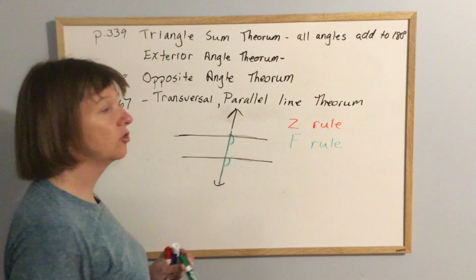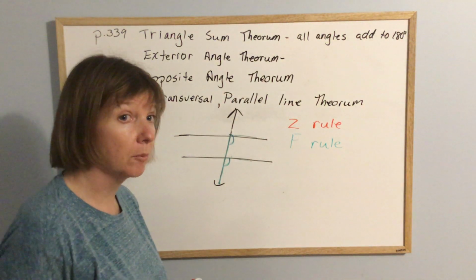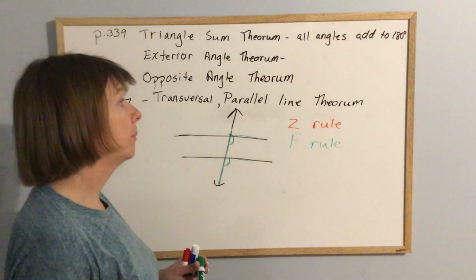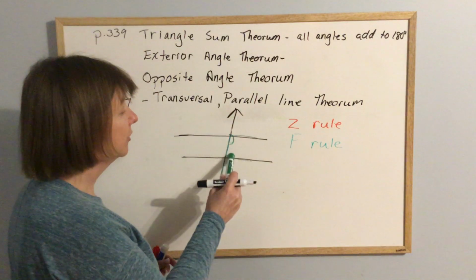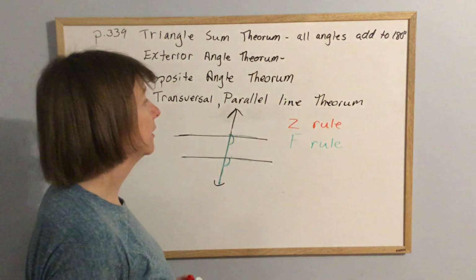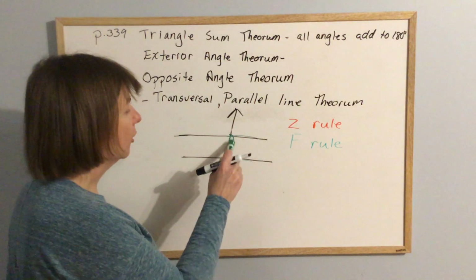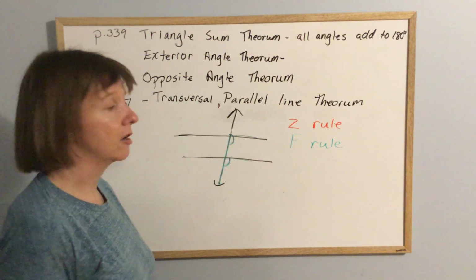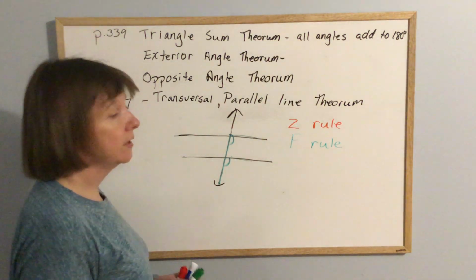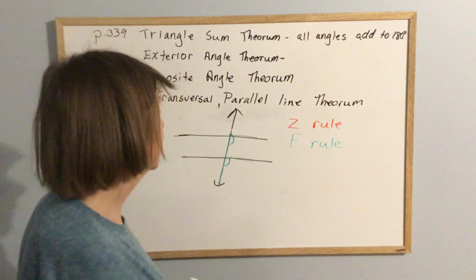So it's still the transversal parallel line theorem. It's just one piece of it. One piece of the parallel line theorem says alternate angles are equal. Another piece says that corresponding angles are equal, something that the teacher I stole this off of calls the F rule. All right?